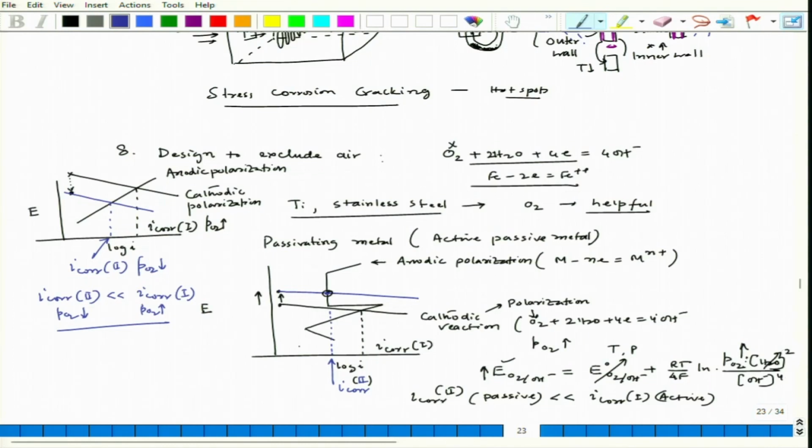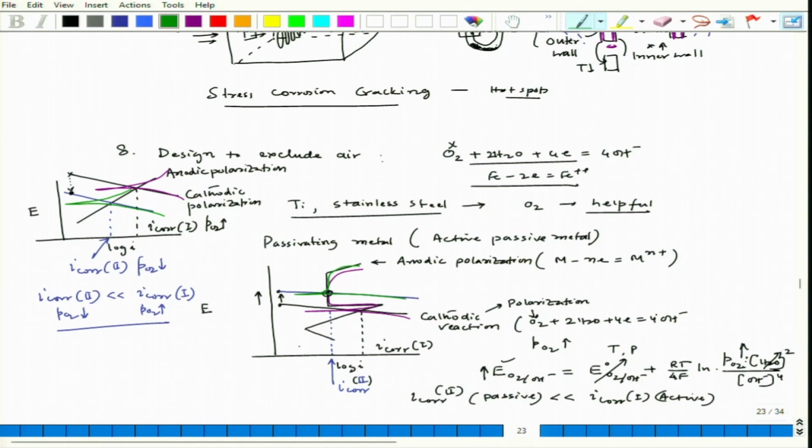And I was talking about the polarization plot. If you are interested, you will see the polarization plot for this, it would be like this, and the second case it would be like this, and here the first case would be like this, and the second case would be like this.